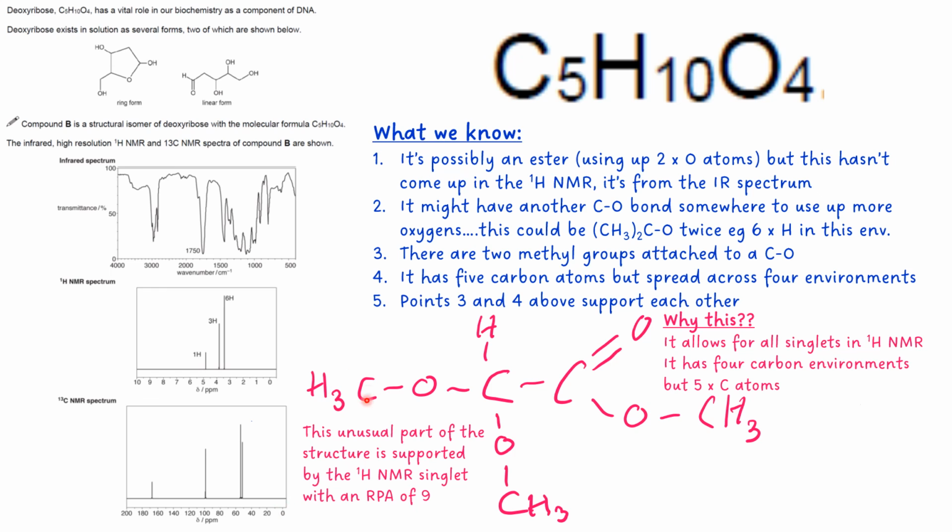So this here equates to this large peak on the NMR spectrum. It also has an ester functional group, which is supported by all of this here, particularly C double bond O, no OH, and C single bond O. So that points very strongly to an ester.